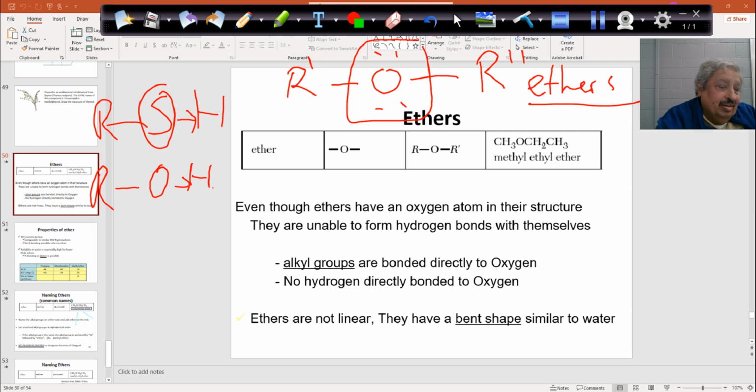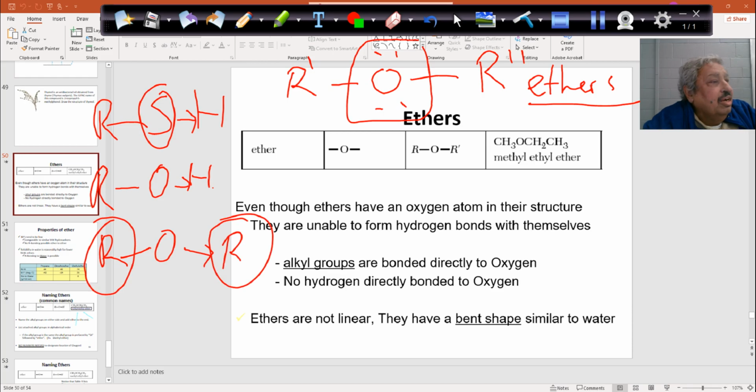R can be a benzene ring, for example, to be phenols. However, this one here, we have replaced this H by another R. This makes a restriction on the activity of oxygen, and therefore even the polarity of ethers cannot compare with those two. Are you following me here?